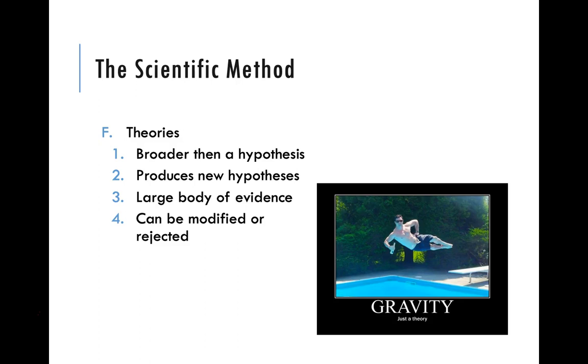But really, theories are still a hypothesis. Remember, we said a hypothesis can't be proven. A theory is just a really big one that's been supported over and over and over again. But occasionally, some new evidence will come up that no longer supports that theory. And maybe that theory needs to be modified, maybe a new one needs to be made.